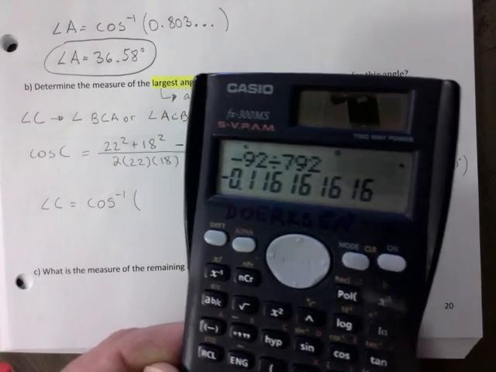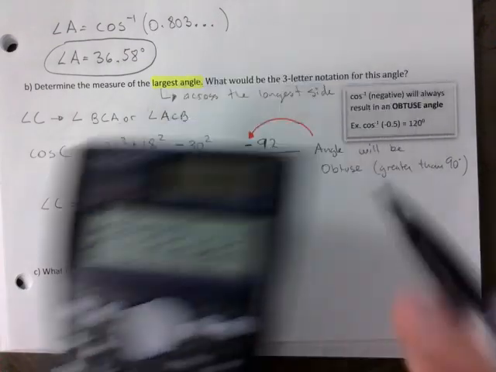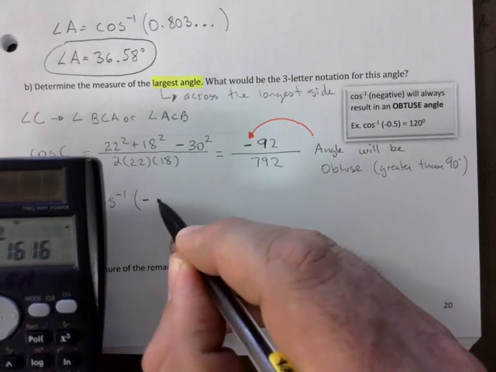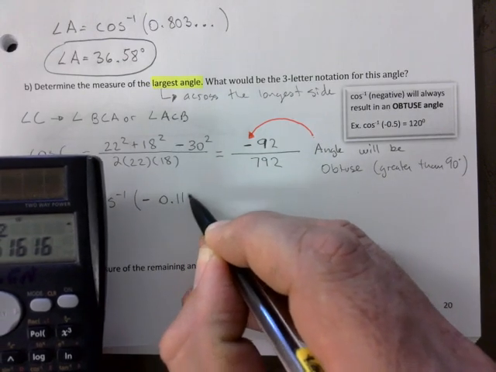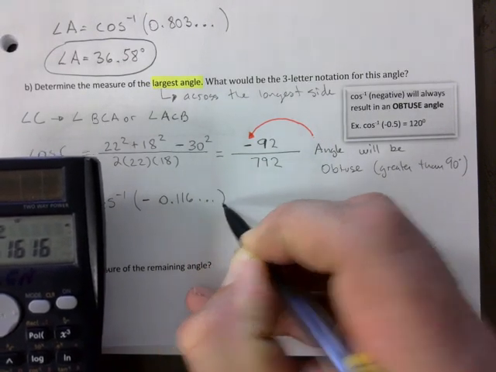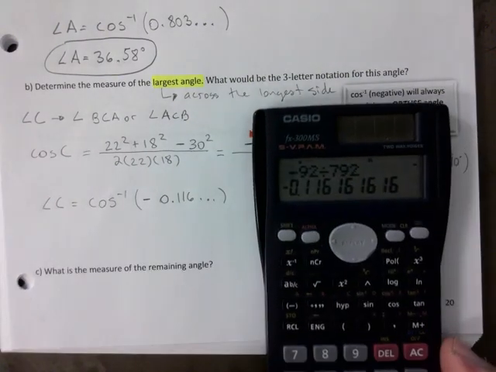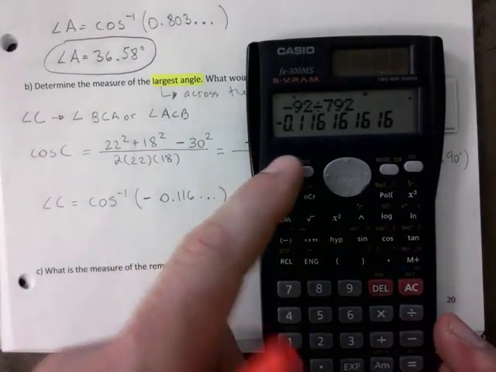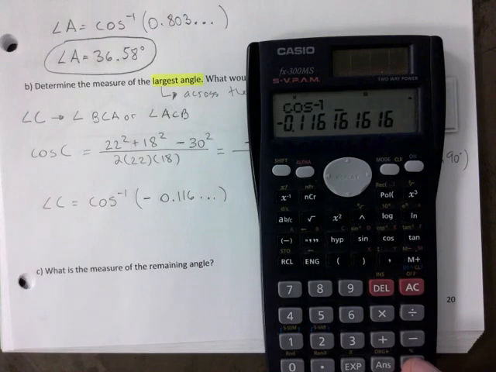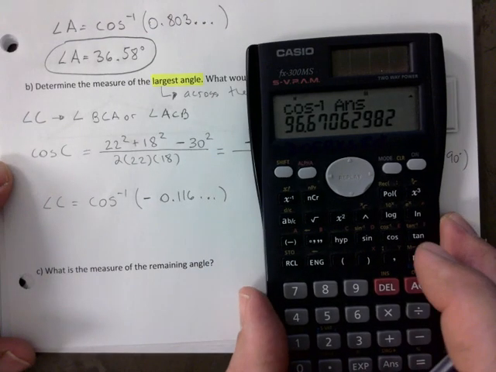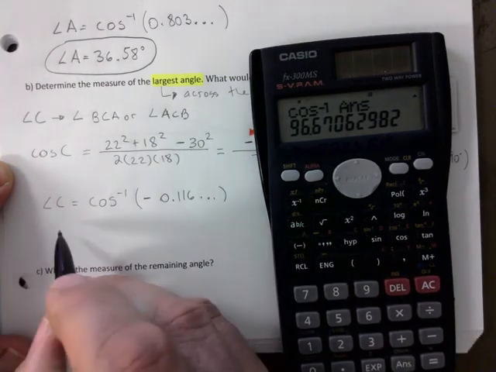You get that negative right in front. That goes in the bracket. And without clearing anything, I'm going to go shift cosine equals, and there you have it, 96.67.